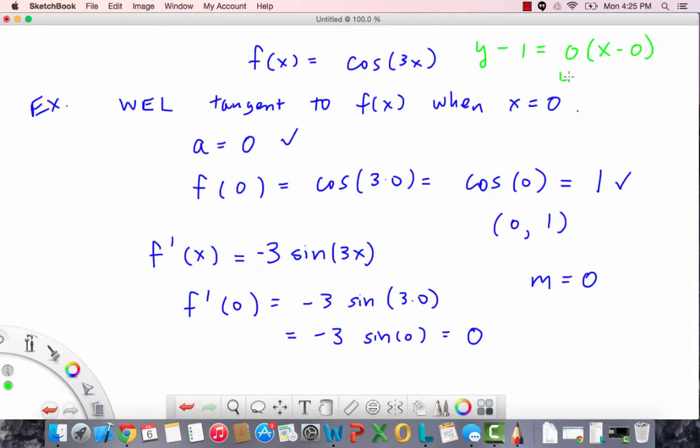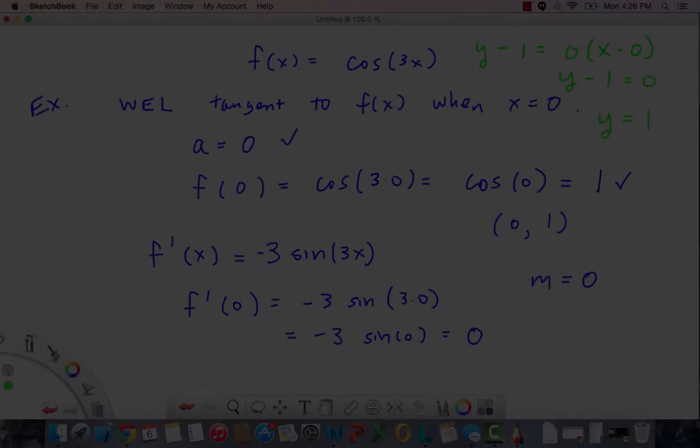Now this is going to be a very simple example. We get y minus 1 equals 0, or y equals 1. So let's clear the screen, and we'll graph the function along with the tangent line. So I will do this offline, and I will be right back.